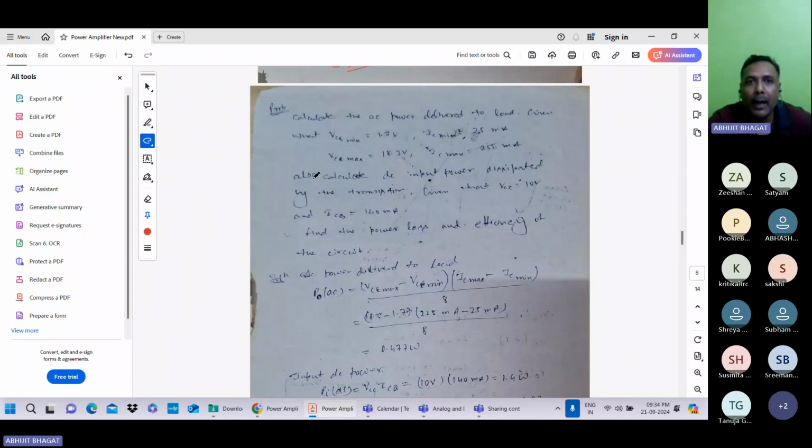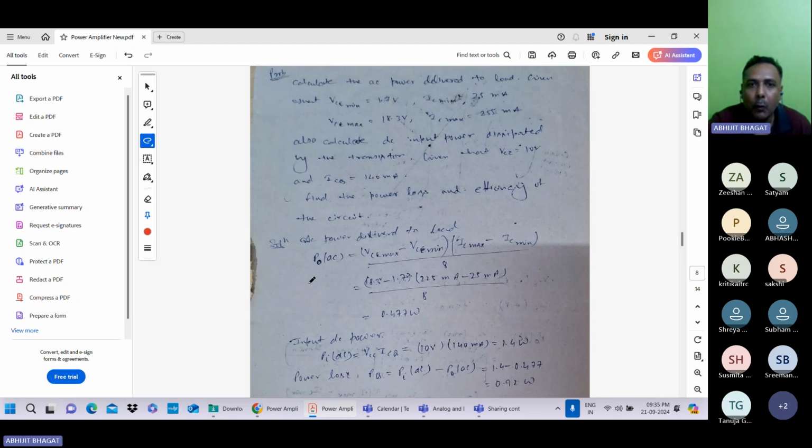You have to find out. Also calculate DC input power dissipated. Across the input power, how much power is dissipated by the transistor. Achha. Given that VCC is 10 volt, and ICQ is 140 milliampere. Find the power loss and efficiency of the circuit.